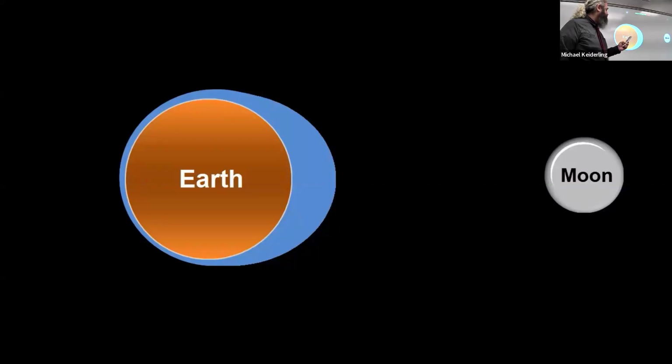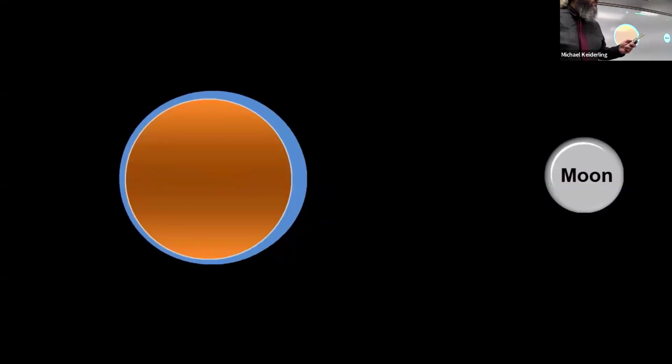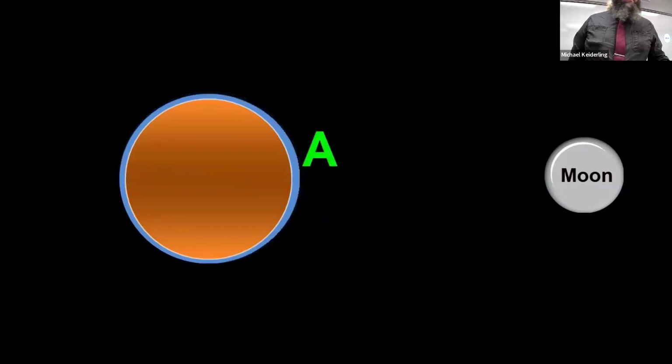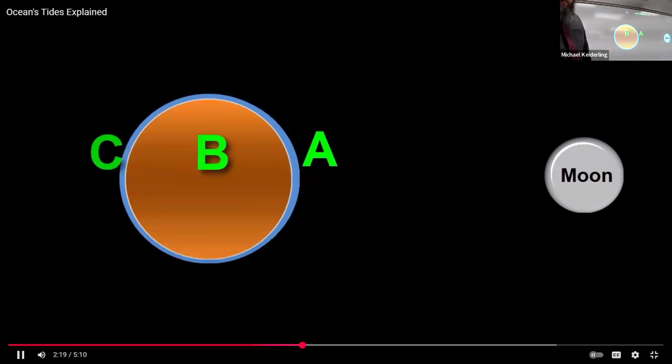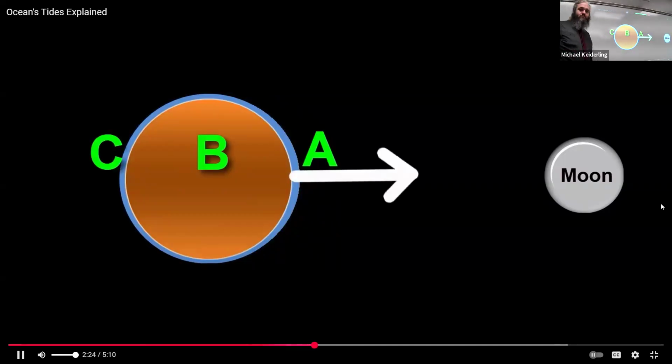We'll call the location of the ocean on the near side of the moon point A, at the centre of the Earth point B, and at the far side ocean point C. The strength of the moon's gravity is strongest at A because it's closest to the moon.